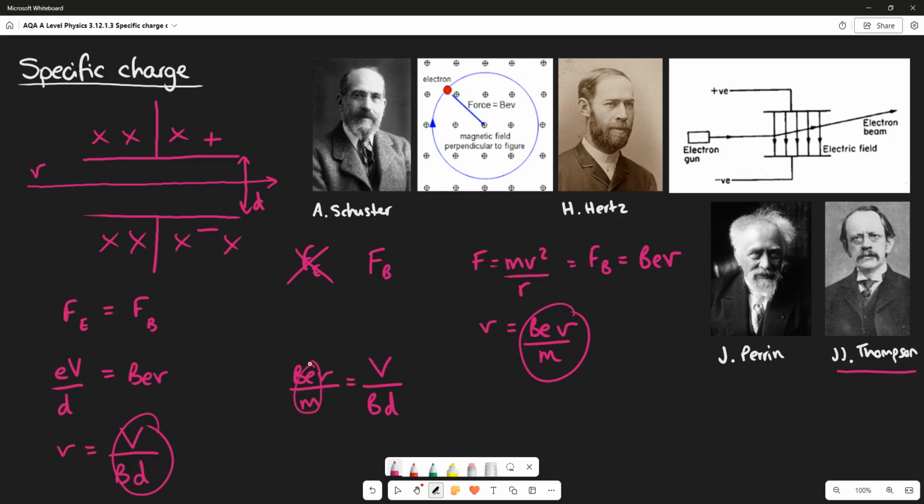Notice that we have specific charge here, and we can rearrange and get an expression for specific charge. And there we have it.